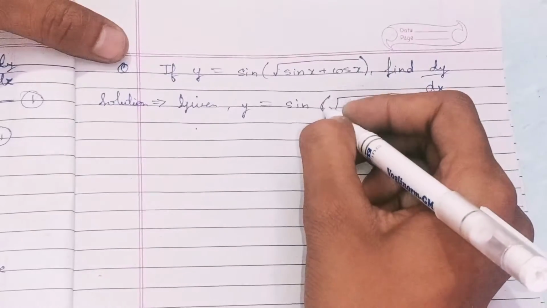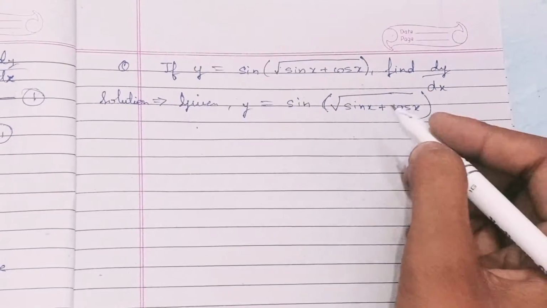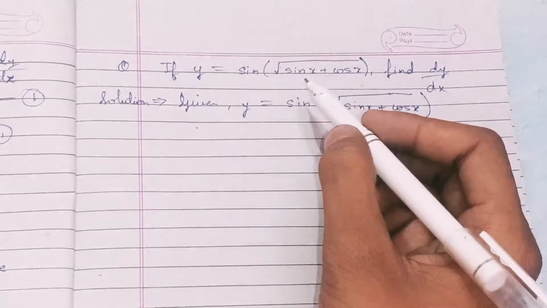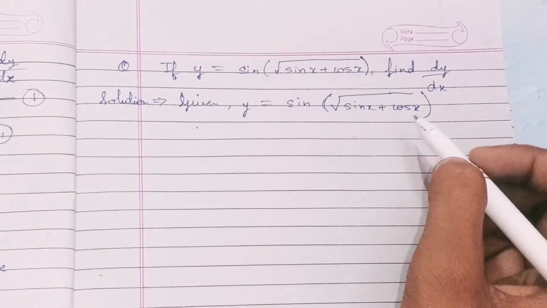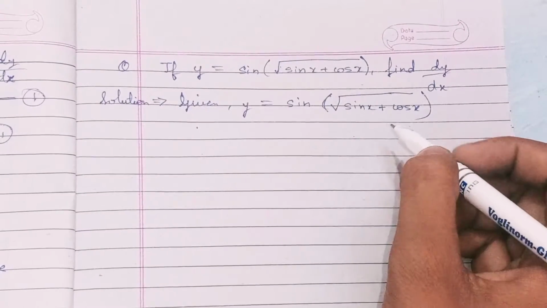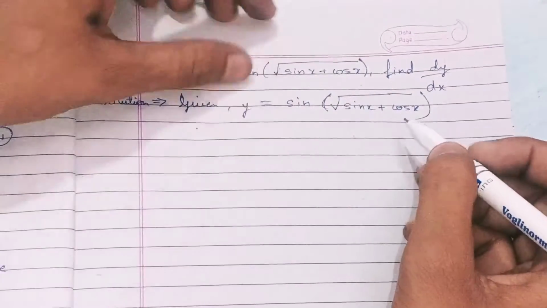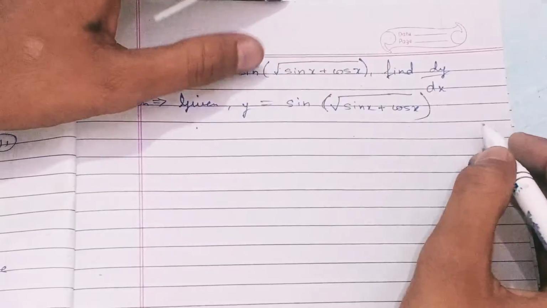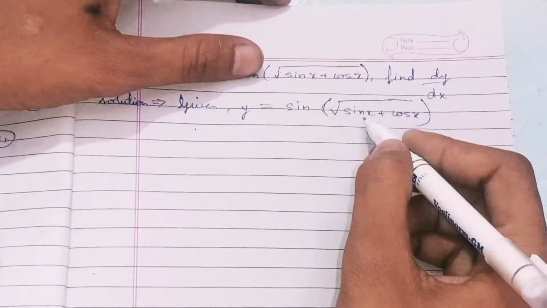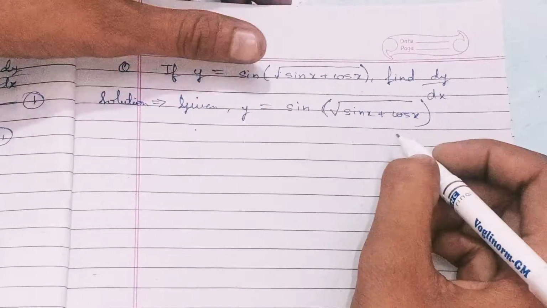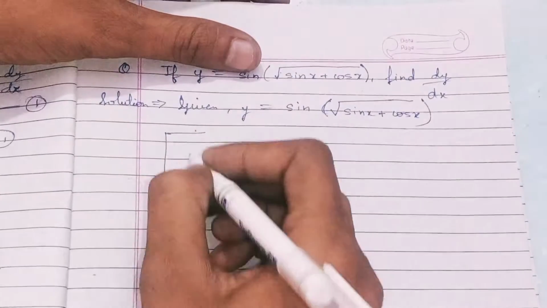As we can see, this differentiation seems so much complex. So in order to solve it, we will first make it much less complex, and in order to do this we will first put sin x plus cos x is equal to t.